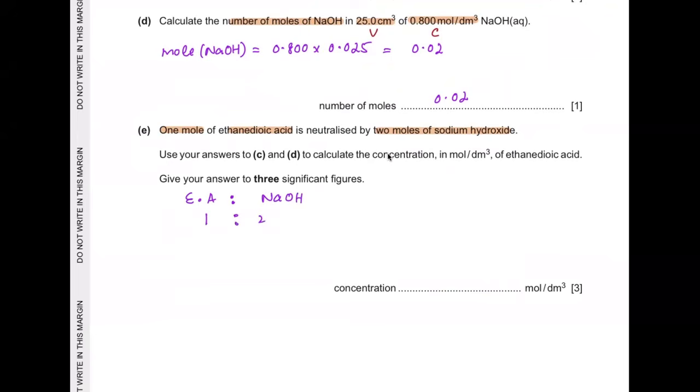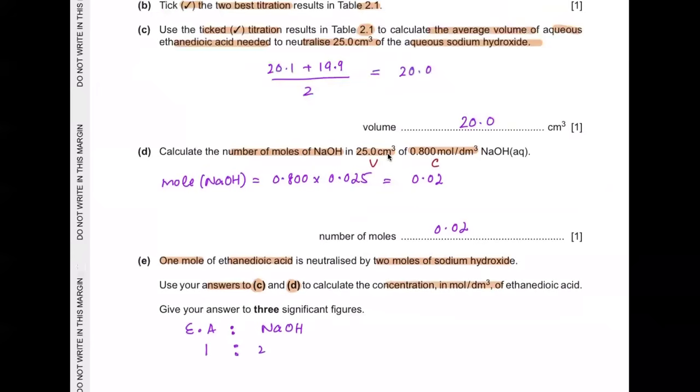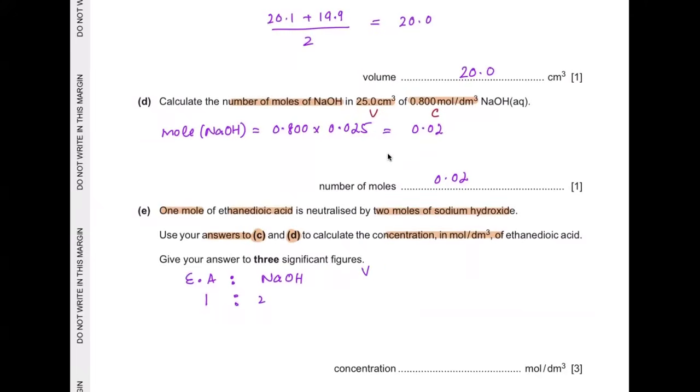Now what they are saying next: use your answer to C and D to calculate the concentration in mole per dm cube of ethane dioic acid. From C we get the volume of ethane dioic acid, which is 20.